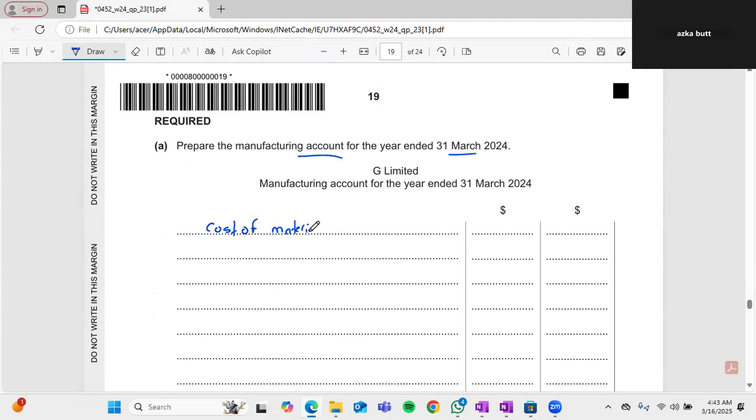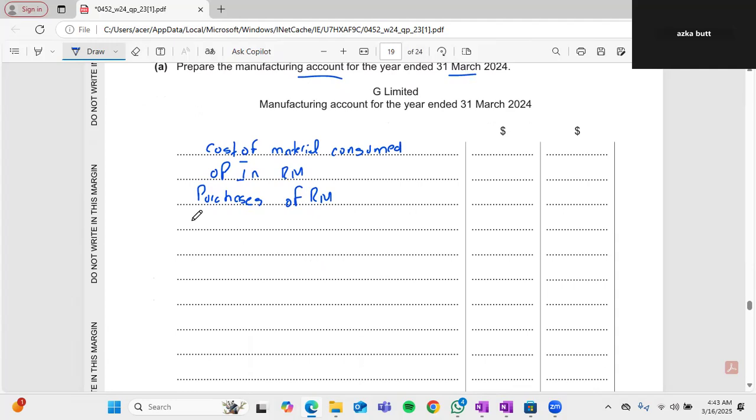After that, we have to write the opening inventory of raw material, and purchases of raw material, and less closing inventory of raw material. Whatever the answer you get, you will write here.